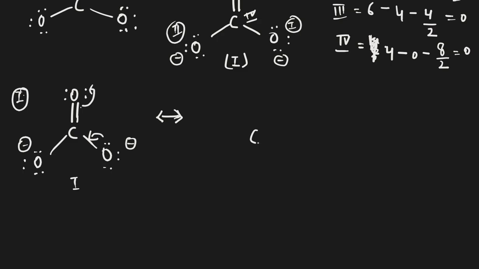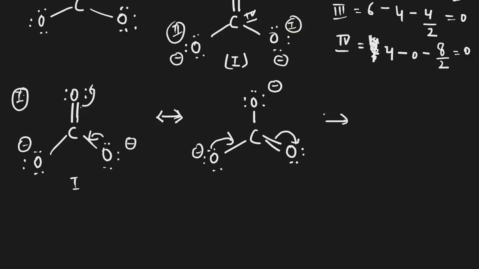So we can also show it like this, 1, 2, 3, 4, 5, 6 with a negative charge, and here we will have double bond, 1, 2, 3, 4 without any charge, and then this oxygen, 1, 2, 3, 4, 5, 6 with a negative charge, right? Now what can happen, the third oxygen is also same, right? So this pi electron can form double bond, and this double bond can go back.